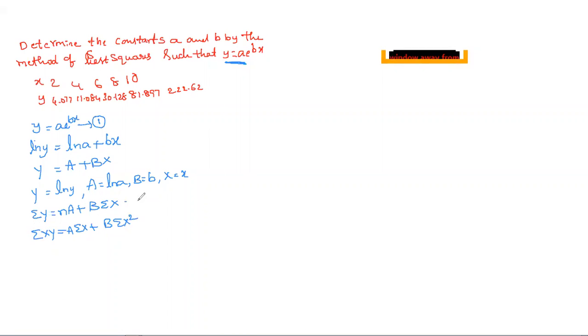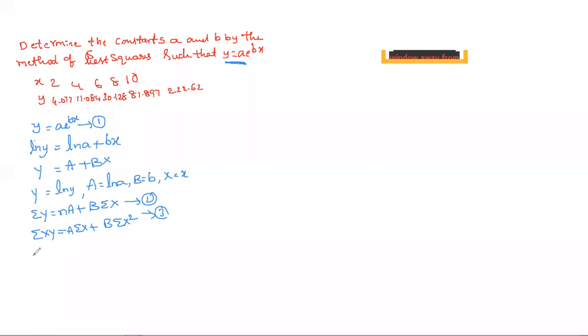Let it be taken as equation 2, and now equation 3. By using this capital A and capital B, we'll get small a and small b. So first we need to calculate summation capital X, summation capital Y, and next summation XY and summation X square. Okay, so here it is.